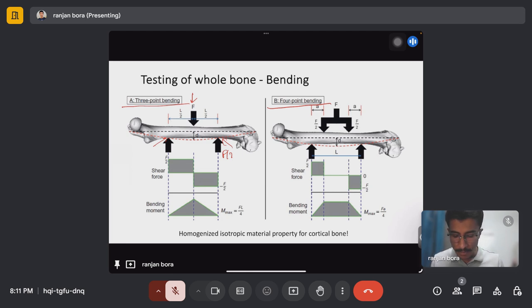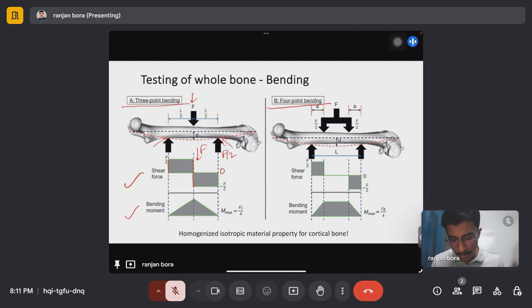And these are the shear force and bending moment diagram. Like this is 0, then this is in the positive direction, so it is F by 2. At this point F is acting in the negative direction, so it is getting decreased by F, so it is minus F by 2 at this point.